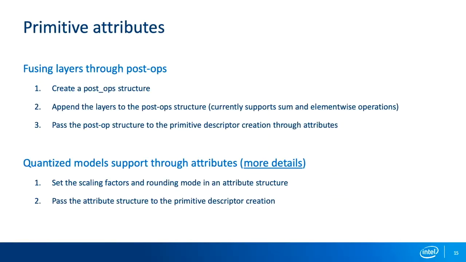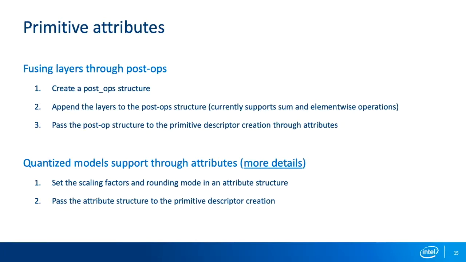Then more nuts and bolts. This will be very helpful, I think, if you actually sit down and use the library. The way we do fusing and the way we do quantized models are through attributes. But like I said, we know that you use ReLU after convolution, so we give you a fused version of convolution ReLU. That's not really true. What we do is give you a post-op attribute to the convolution that you put a ReLU in, right?